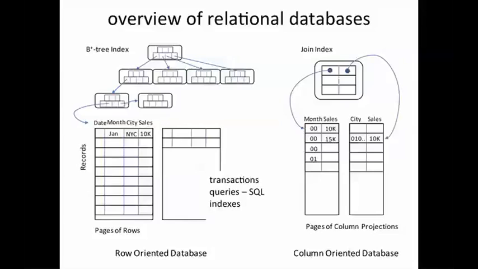Indexes, such as the B+tree index depicted here, are used to speed up access to records so that SQL queries can actually be efficient.